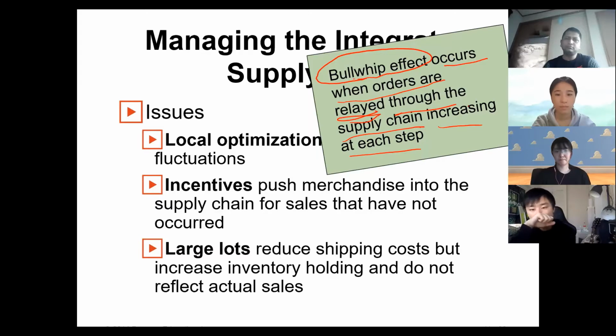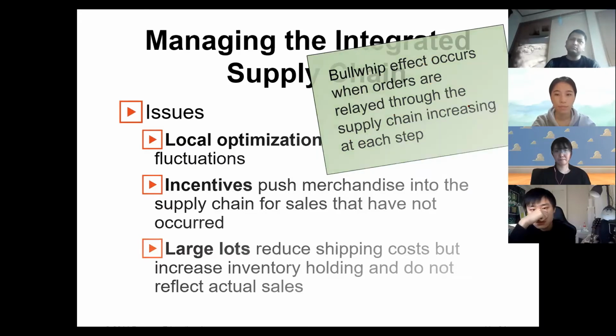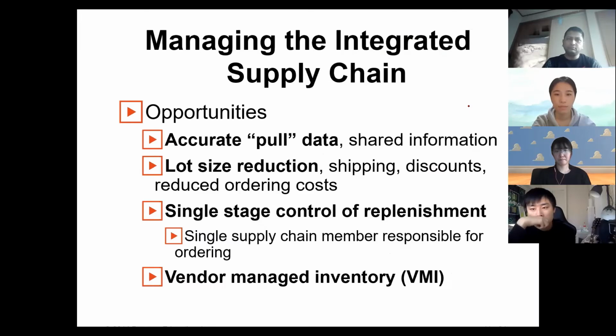Costly means you need to keep inventory if there is excess stock which is not needed for the next process or the next step. Okay, so this is what we call the bullwhip effect in all supply chains. It happens in all supply chains. Okay, that's one thing that probably I need to emphasize to you.